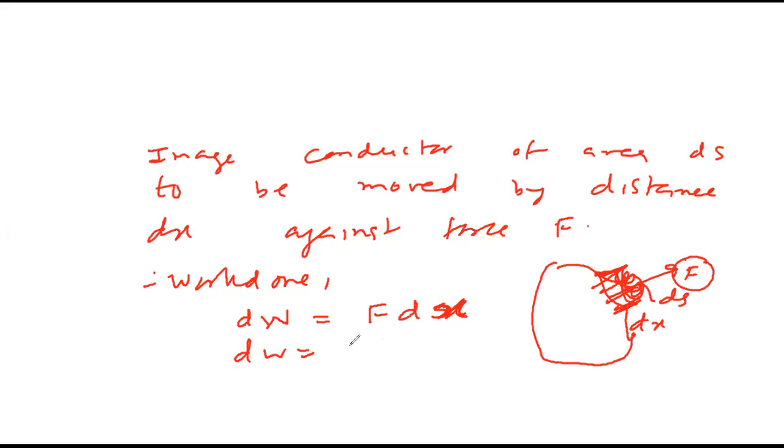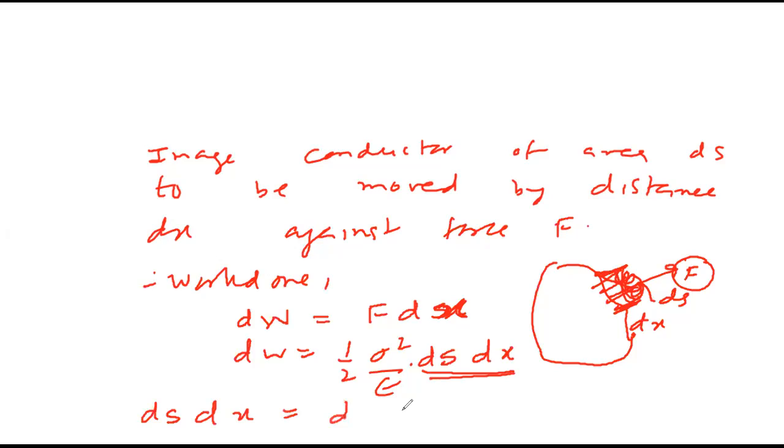तो ये फोर्स आया half sigma square upon epsilon into ds, और ये एक्स्ट्रा आया dx। ds इनटू dx क्या है? ds मतलब एरिया, dx मतलब लेंथ, तो इसको मैं dv वॉल्यूम बोलूं। हाँ, dv which is volume swept by conductor in the medium.